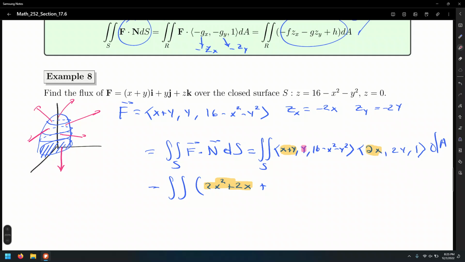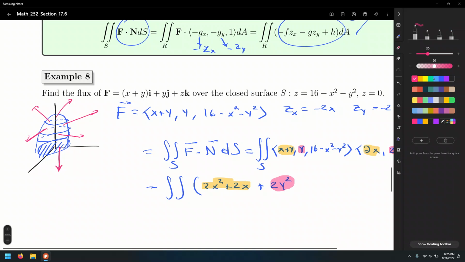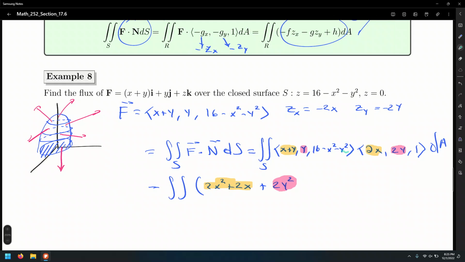And then I'm going to multiply y with 2y to get 2y squared. And let me highlight these two, so you can see the result and the connection between the two. And last but not least, let me choose a different color. So that's this madness here times 1, which is the madness here.